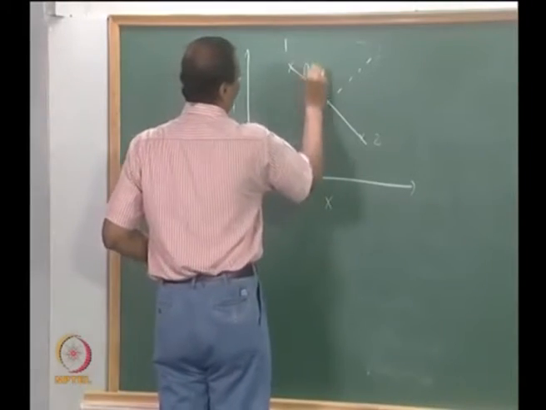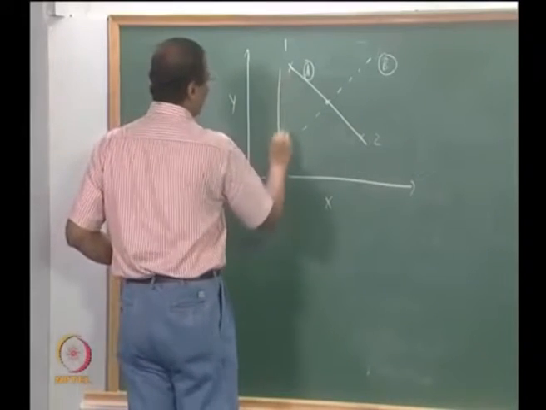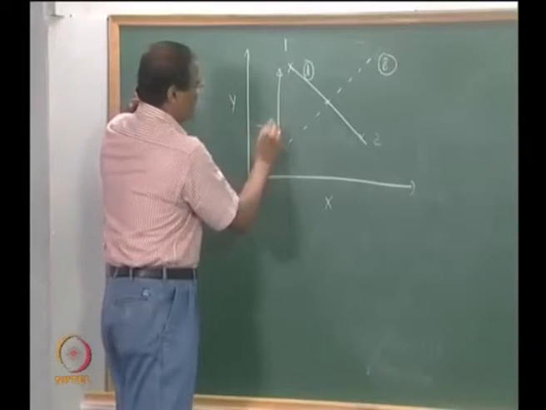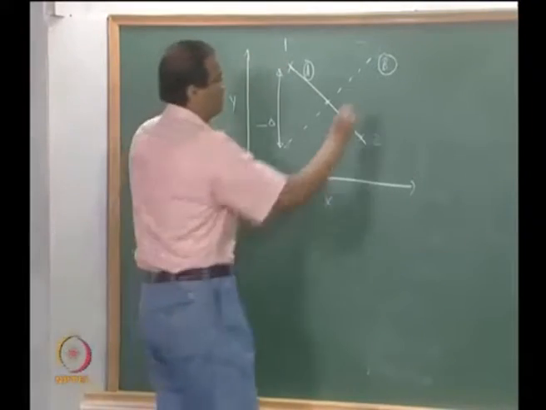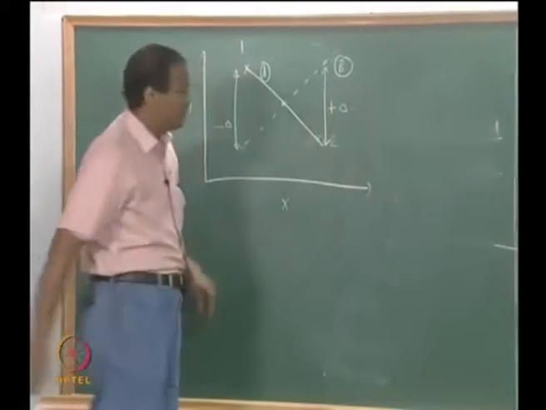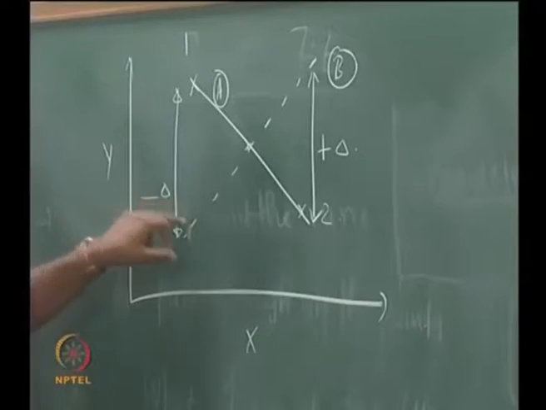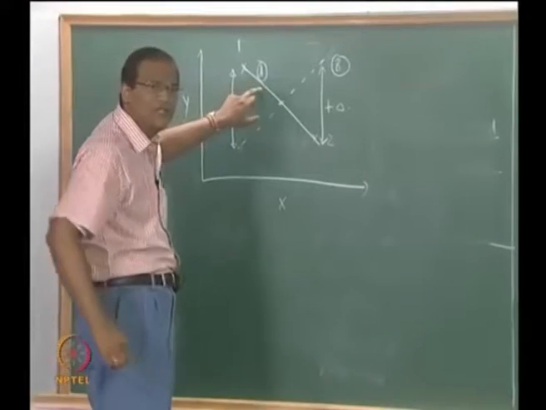This is line A, this is line B. If I propose this line, here it has a deviation of minus delta from the original line, but here it has a deviation of plus delta from the original line. This minus delta and plus delta cancel out, and then this will give exactly the same value of S, the sum of the residues, as the correct line.